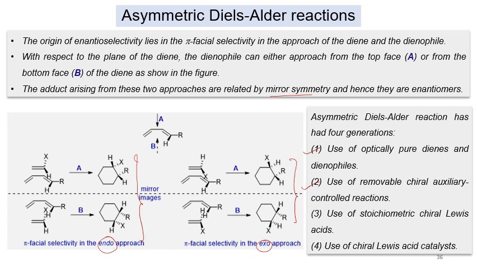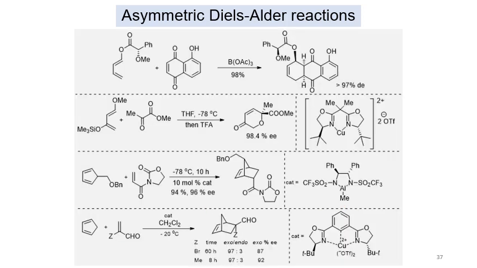We'll see examples of these. Then came the use of stoichiometric chiral Lewis acids, and we saw how Lewis acids can be used in the Diels Alder reaction. And then presently there has been a huge explosion in the use of chiral Lewis acids as catalysts in Diels Alder reactions. Let's see some of these examples.